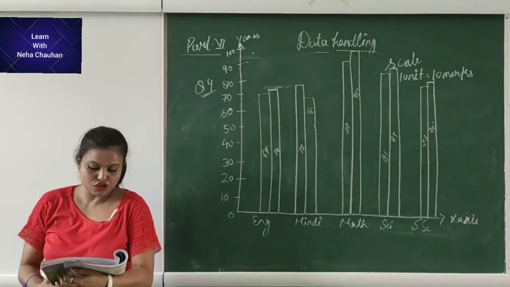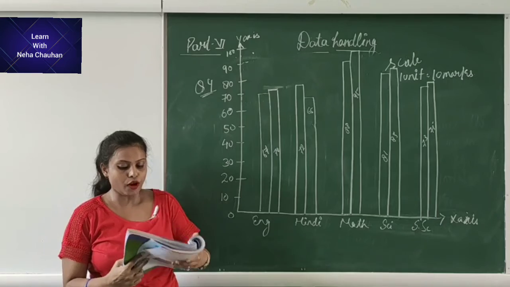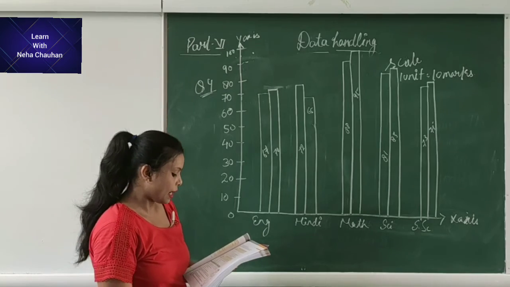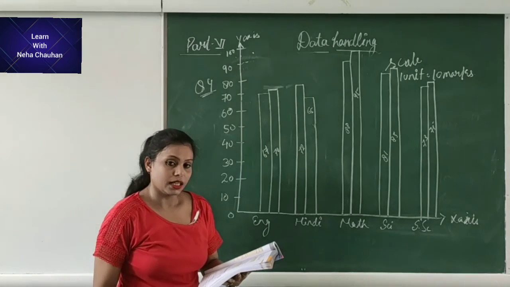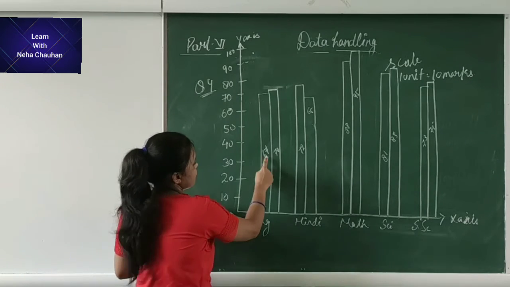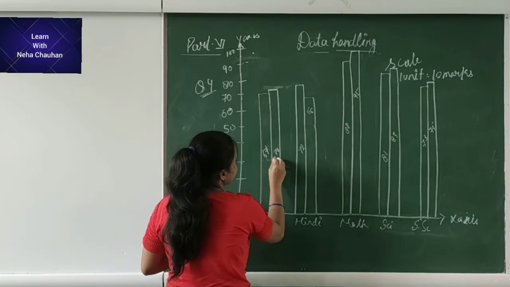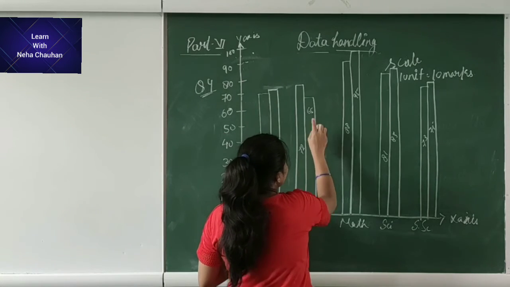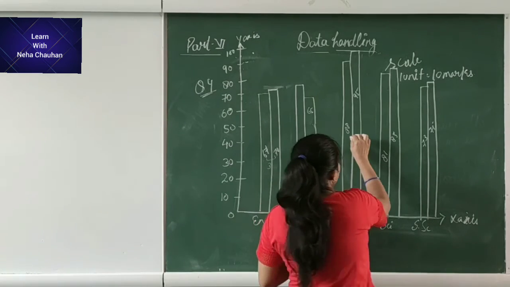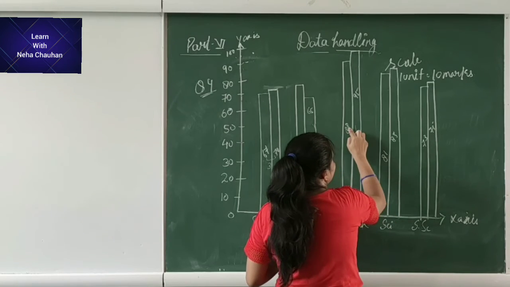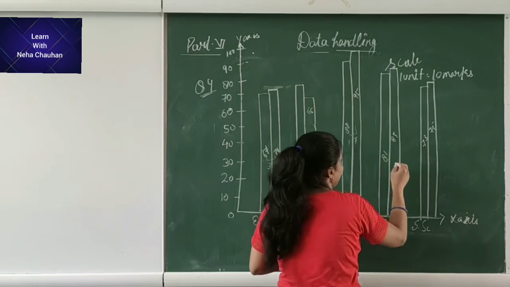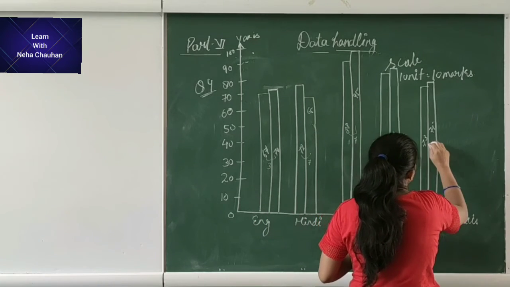In which subject has the child improved his performance the most? So we can take a glance at the bar graph to determine the improvement. So we can see that English 67, 70 improved by 3 marks. 72, 65 decreased by 7 marks. 88 and 95 improved by 7 marks. 81 and 85, 4 marks.